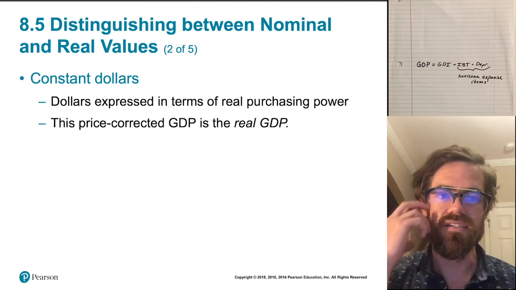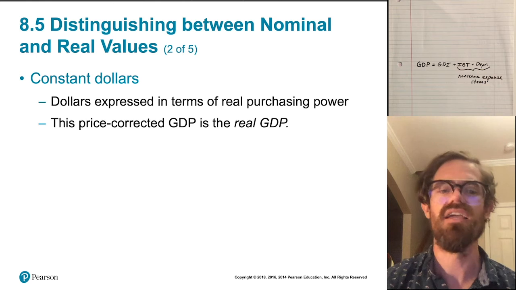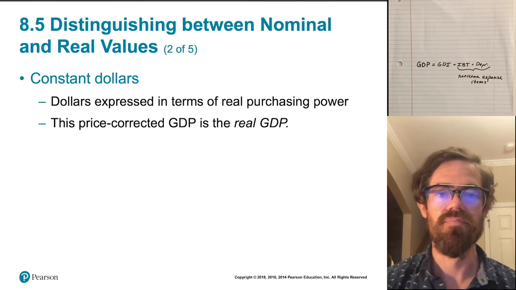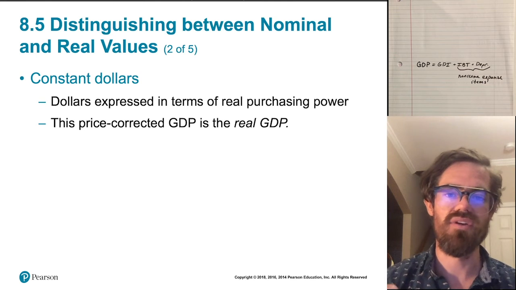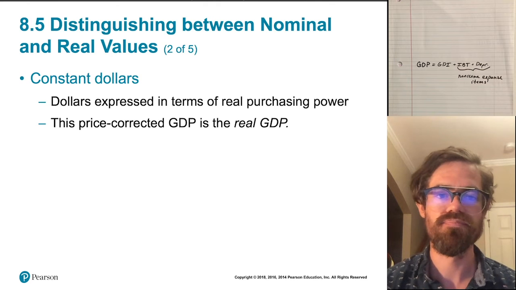Another way to think about it is constant dollars are dollars expressed in terms of real purchasing power. What can the dollar buy you? And so this is price-corrected GDP. Real GDP has been corrected for how prices change in an economy over time.